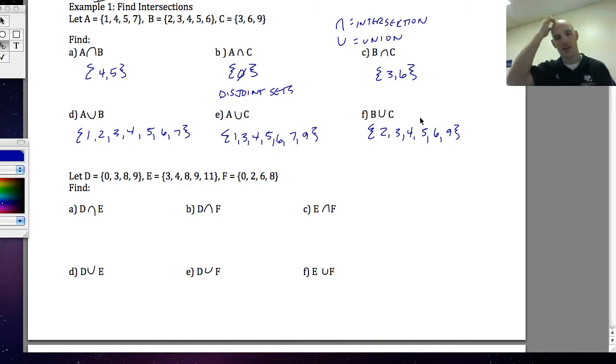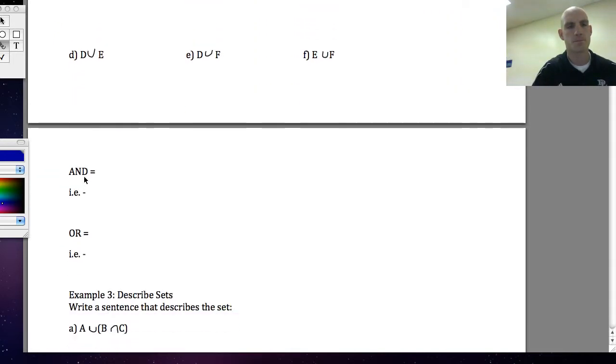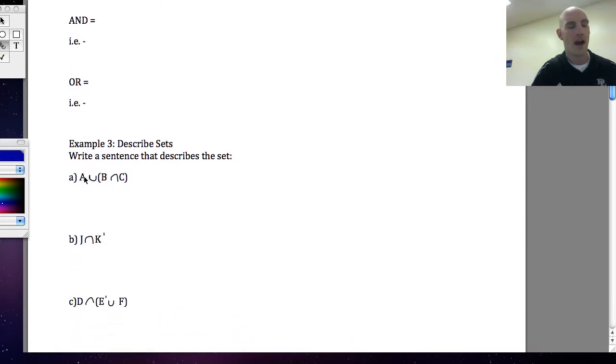Union is everything together. Go ahead and try this one down here that I've put a star by on your own if you feel like you need another example. We're going to keep moving. And, or. This is really kind of an interesting concept because sometimes we don't want to write intersection or union, and so they come up with these words that mean what we're talking about. And is going to be used for intersection.